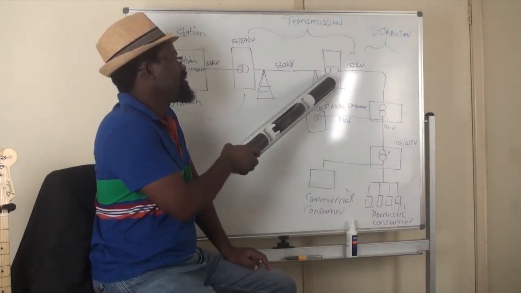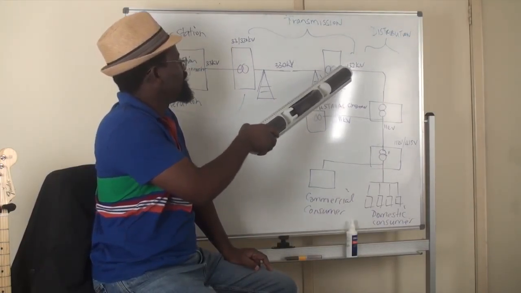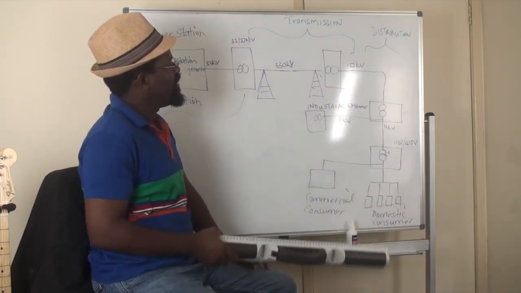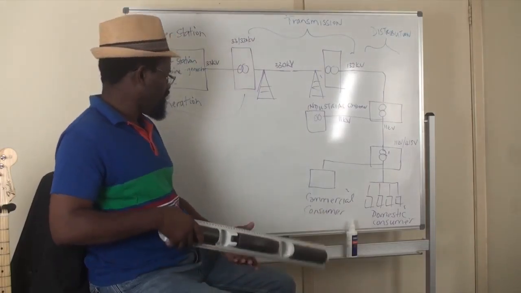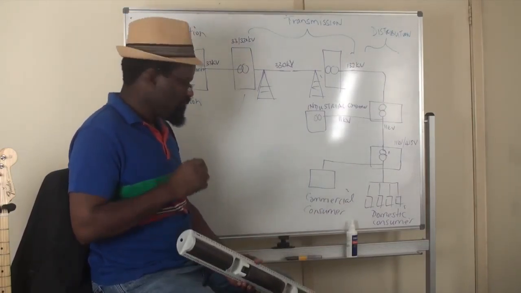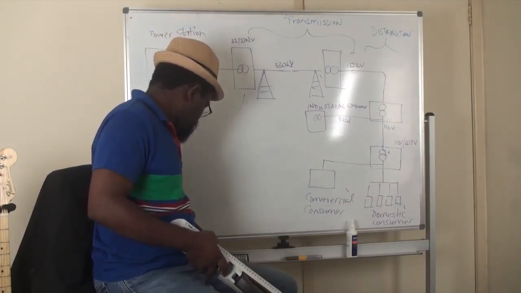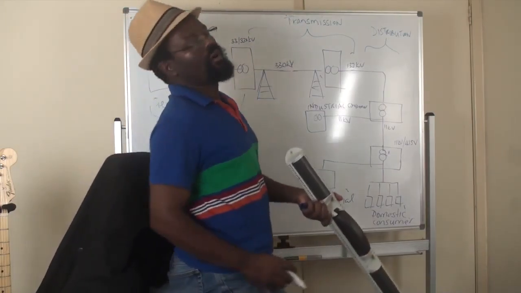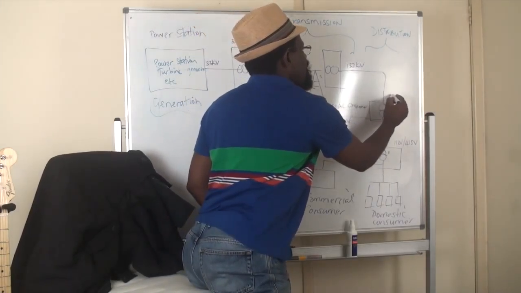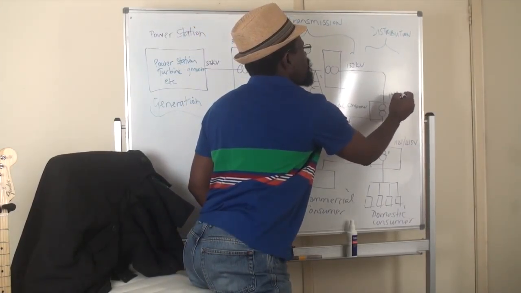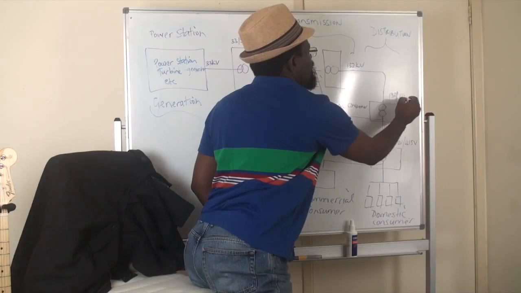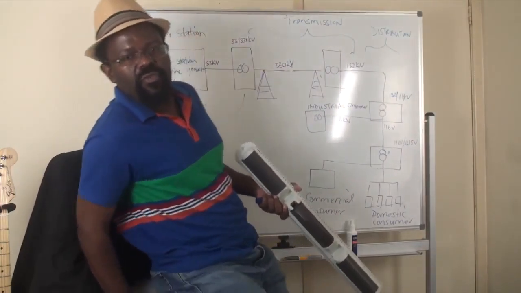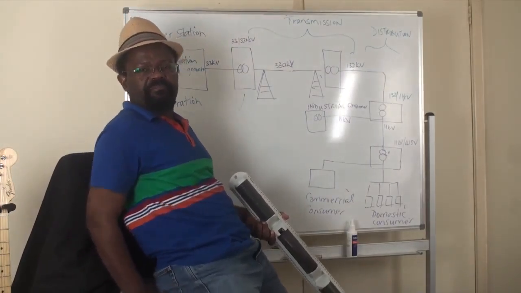After the voltage has been stepped down, it is fed into this network down here where there is another transformer, and that transformer transforms from 132 to 11 kV.